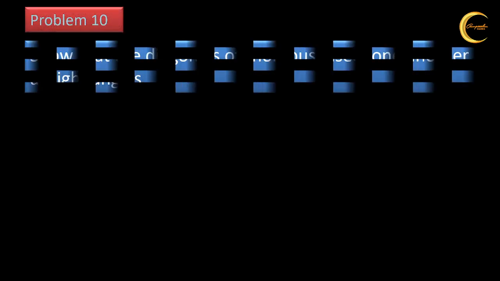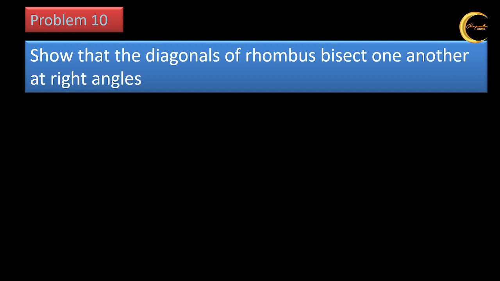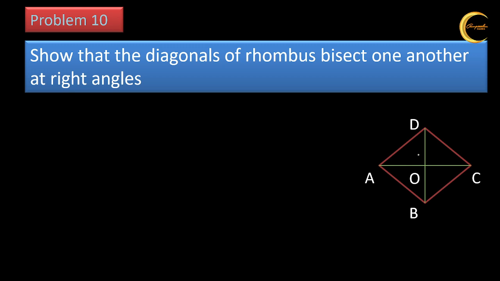Second problem, problem 10. Show that the diagonals of a rhombus bisect one another at right angles. A rhombus means all its sides are equal.